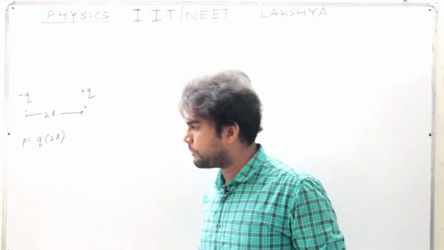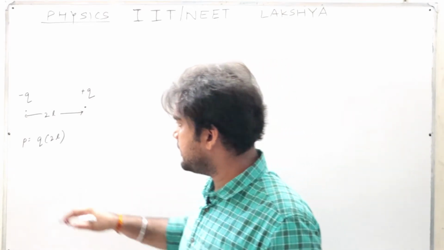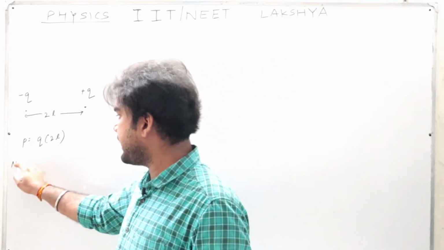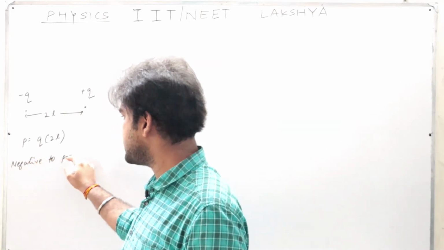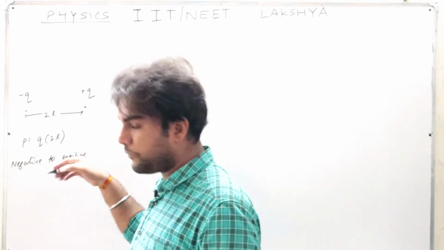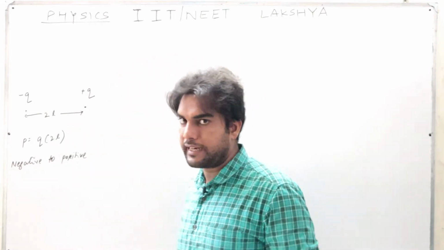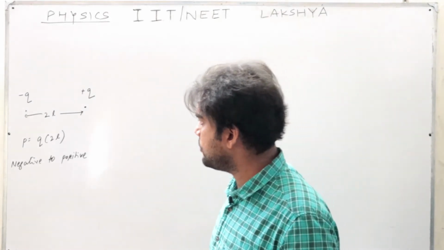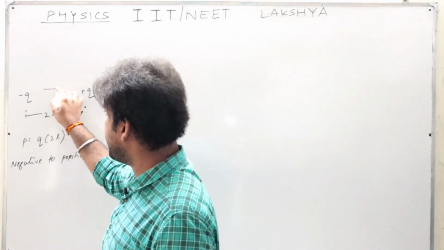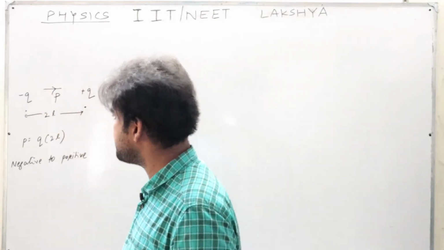Dipole moment is always directed from negative to positive in physics. In chemistry, it is directed from positive to negative, but here it is directed from negative to positive. So this is the direction of your dipole moment.